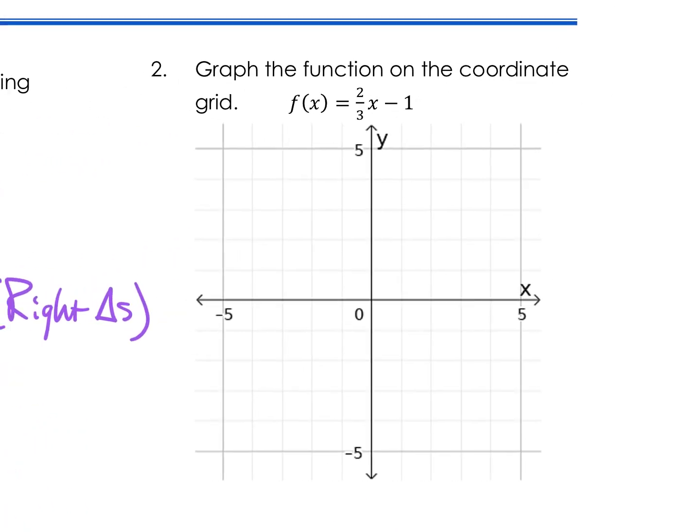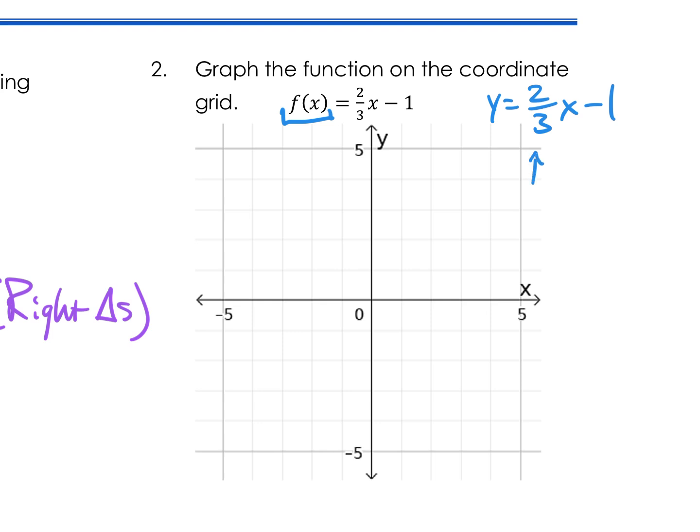All right, one more little review topic and then we're done here. So graphing. Remember this function notation, f of x? f of x is the same thing as y. So if it helps, you can rewrite this equation as y equals 2/3 x minus 1. Now if you want, you can make a table of values for this.